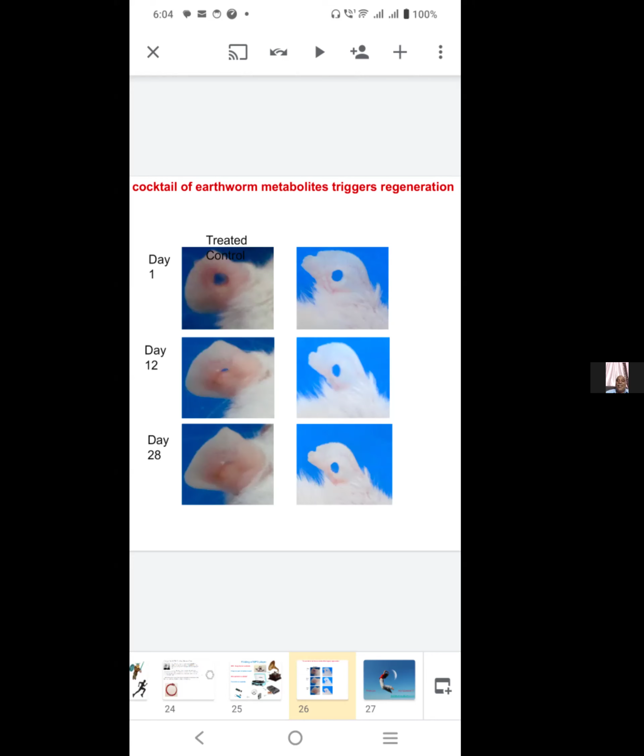Likewise, we are progressing the experiment to design a molecule, to design a formula which can help people to recover from wounds or amputated tissues or organs. That's our goal, and we are trying for it.